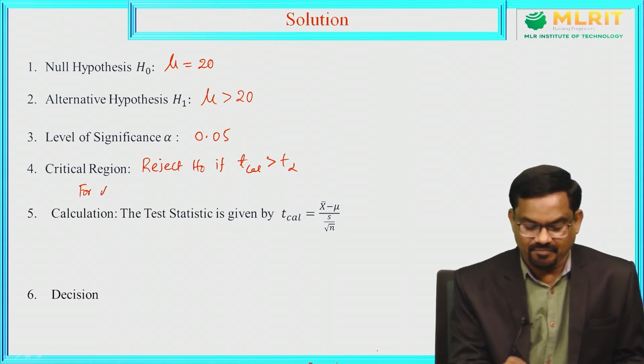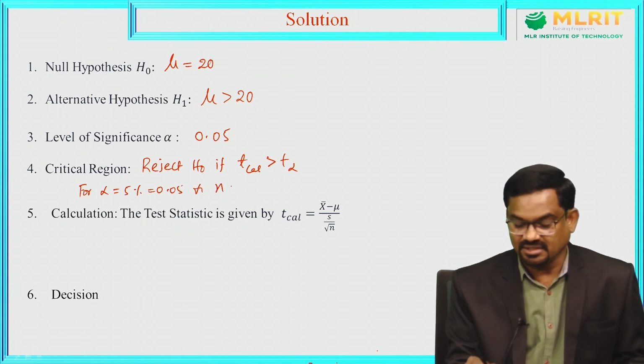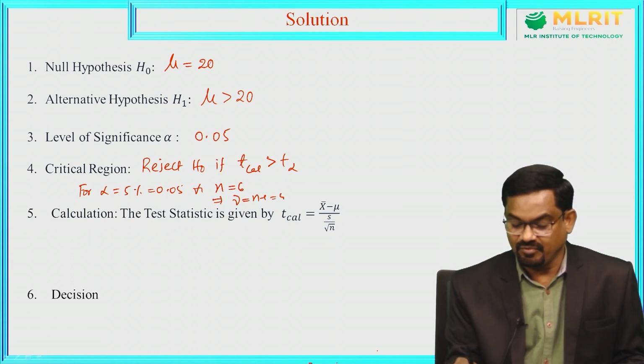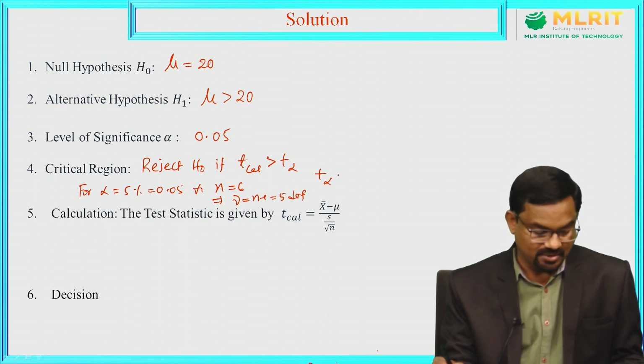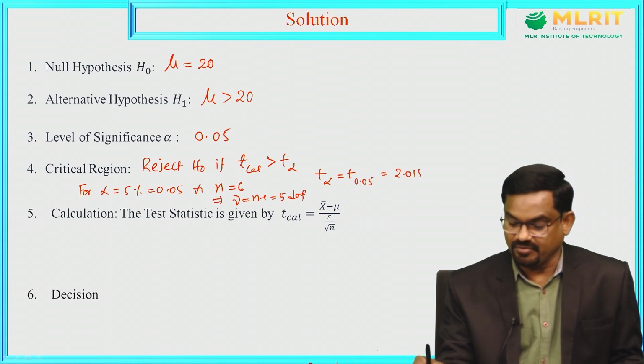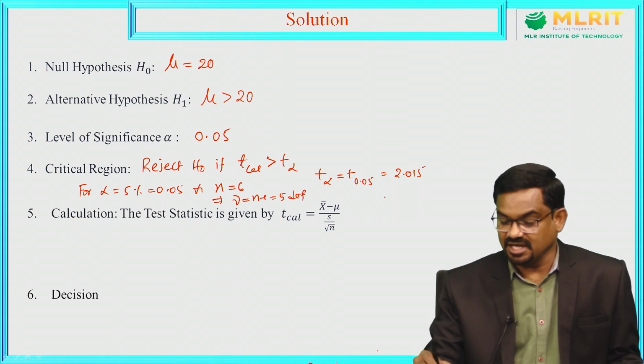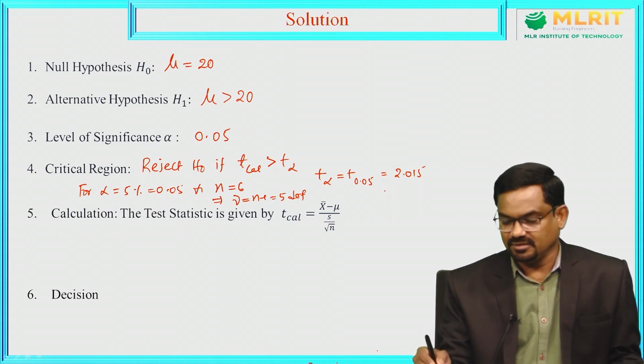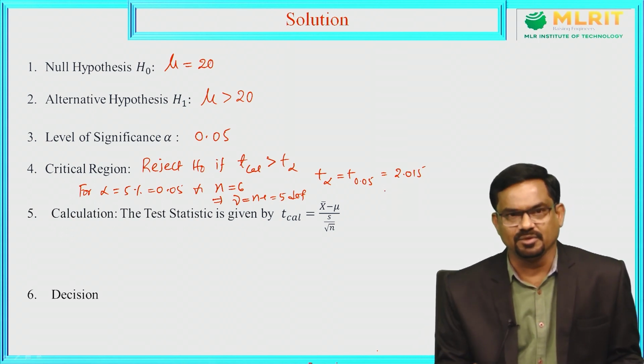For alpha equal to 5%, that is 0.05, and the sample size n is 6, therefore nu is n minus 1, which is 5 degrees of freedom. The T alpha value, T 0.05, is 2.015. This is the tabular value that we can find from the T distribution table.